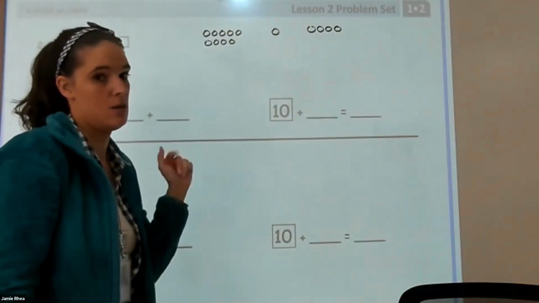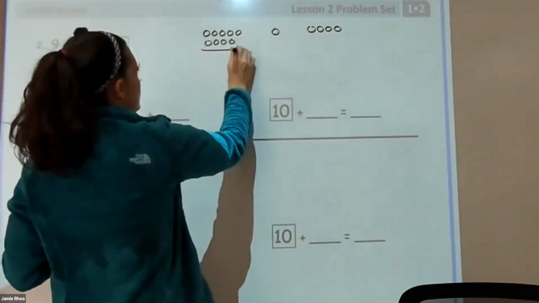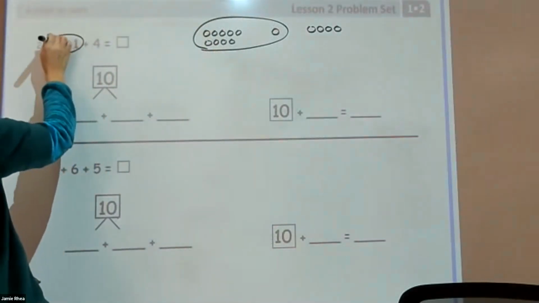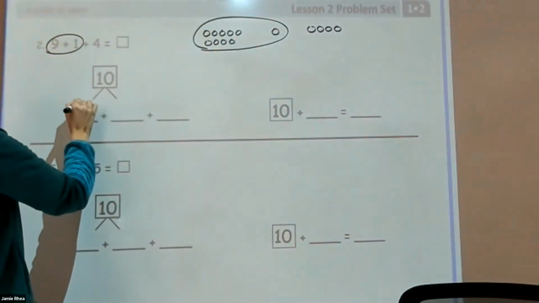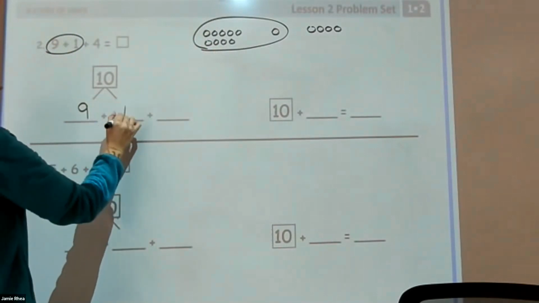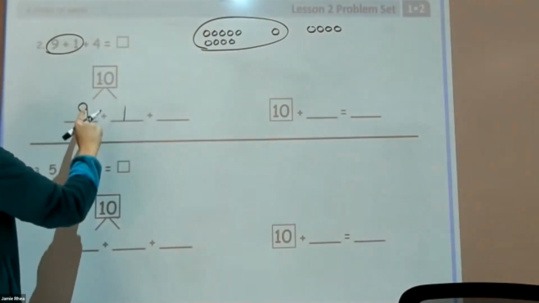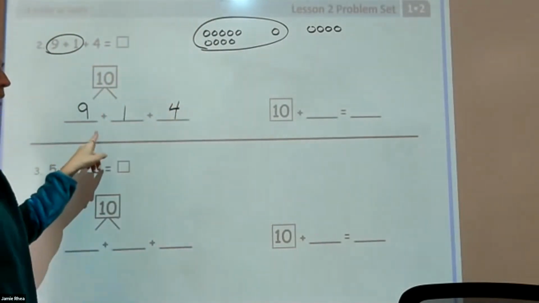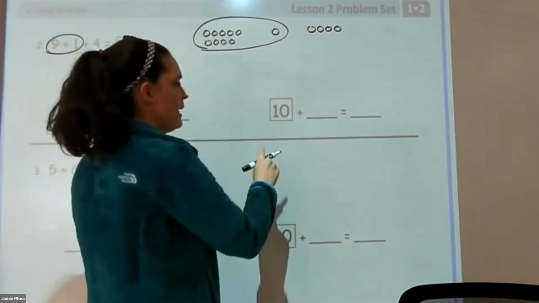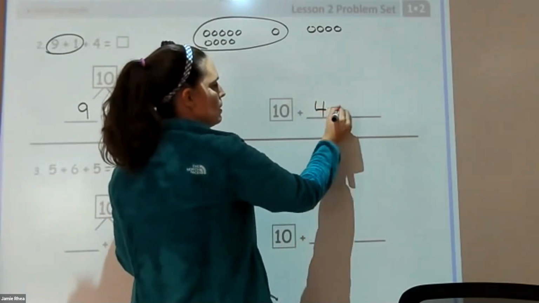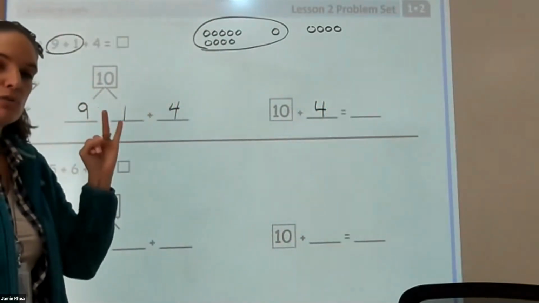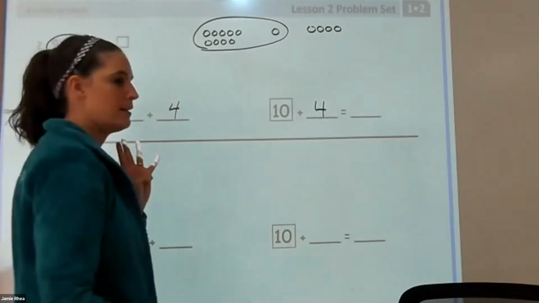Well, I know that 9 and 1 make 10. I'm gonna circle 9 and 1 make 10. I can even come over here and circle it. I can put 9 plus 1 equals 10, plus the one we didn't circle, 4. Now I'm gonna come over here and say 10 plus 4 more equals. So I can say 10, 11, 12, 13, 14.